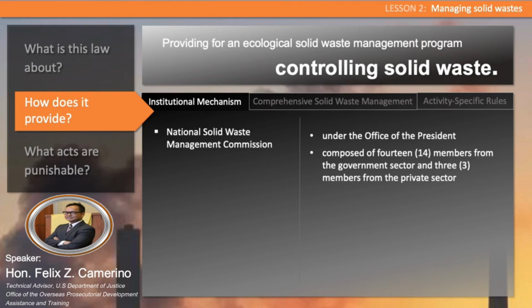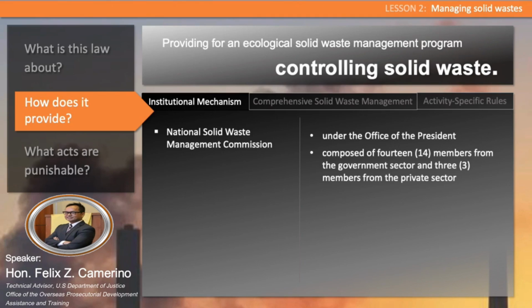The government agencies, the participants, the 14 that I speak of, as I said, there are heads of the various agencies, including DENR, the Department of Interior and Local Government, or DILG, the Department of Science and Technology, so that's DOST, Department of Public Works and Highways, okay, that's DPWH, and a whole host of others.